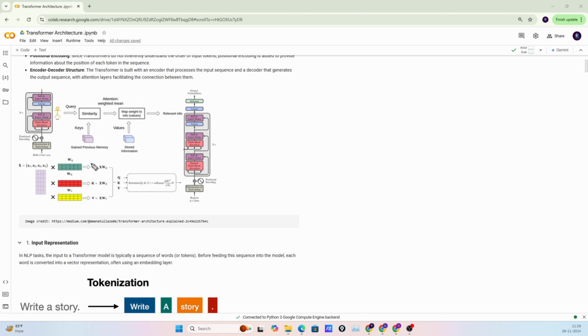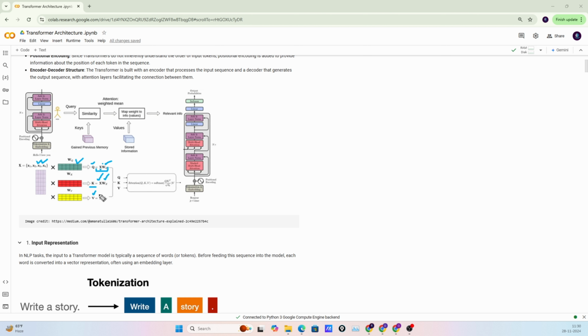Here the query vector means this X, the input embedding, and this is the weight matrix. We perform the multiplication between the embedding and the weight matrix. In the same way for the key vector, we have the key weight and the original embeddings of the inputs.